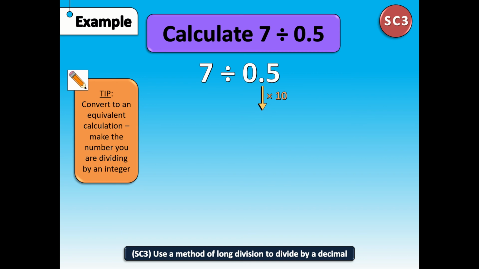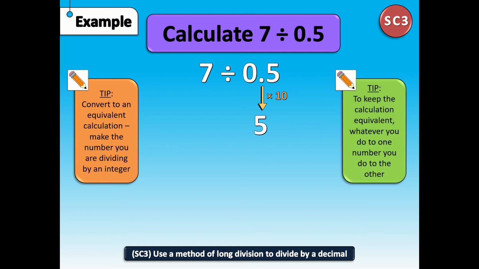So I can times it by 10, which would make it 5. Now if I times that number by 10, I've got to do the same thing to the other number. So I need to times 7 by 10 as well, which is 70. So I can do 70 divided by 5 and get the same answer as if I did 7 divided by 0.5.